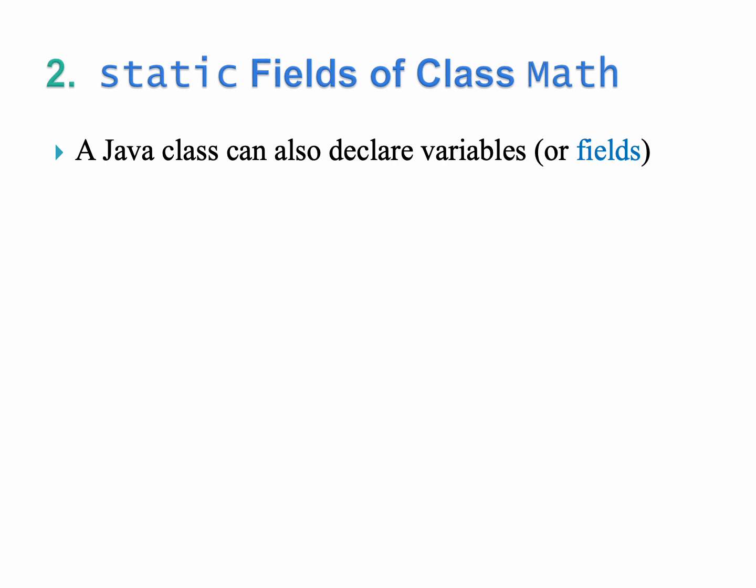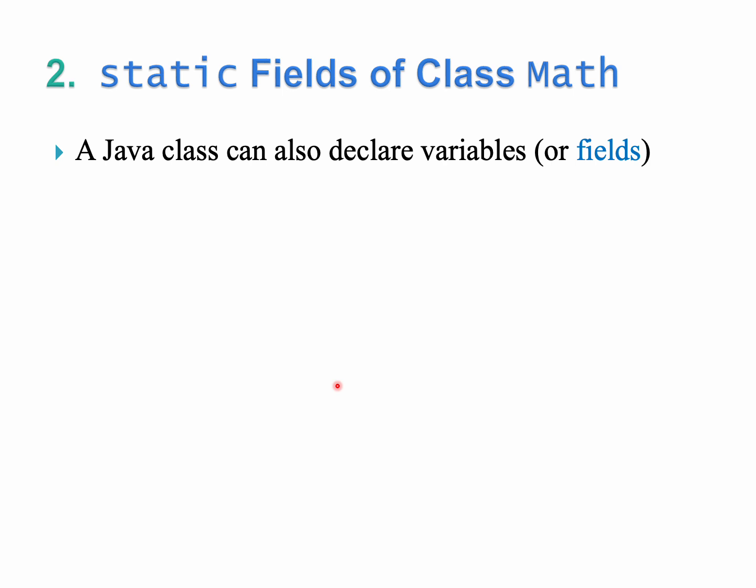Note that a Java class can also define or declare variables that represent common attributes of its objects. Variables of a class are sometimes called fields.